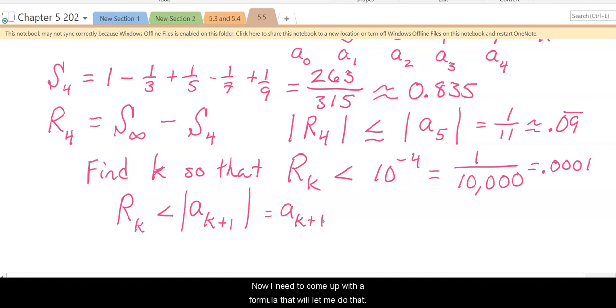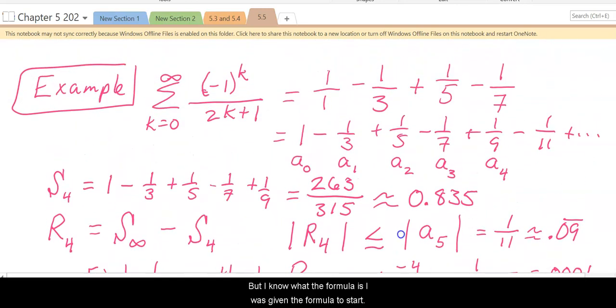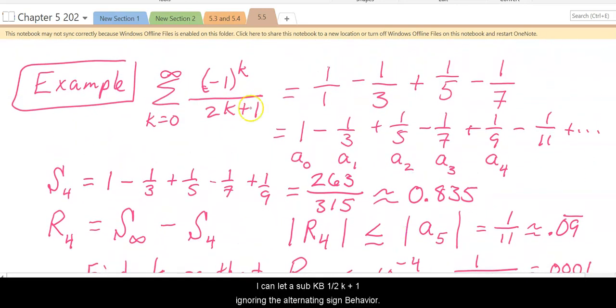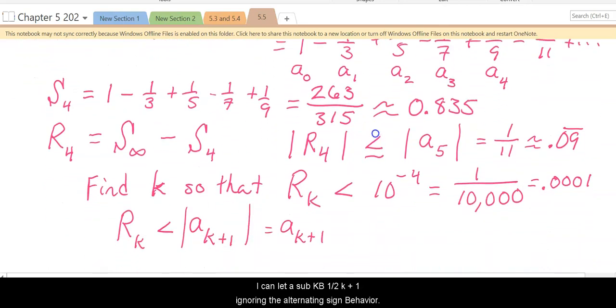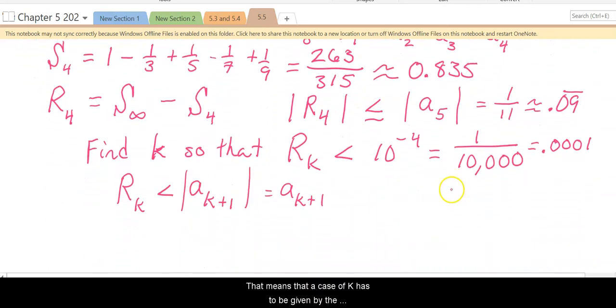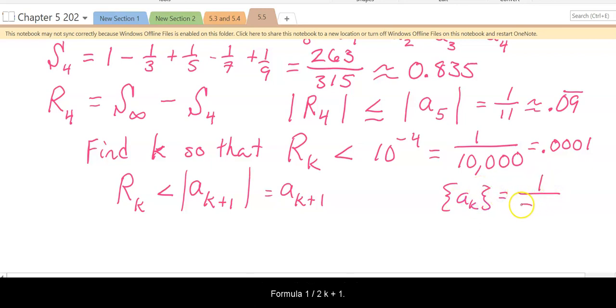Now I need to come up with a formula that will let me do that. But I know what the formula is. I was given the formula to start. I can let A sub k be 1 over 2k plus 1, ignoring the alternating sign behavior. That means that A sub k has to be given by the formula 1 over 2k plus 1.